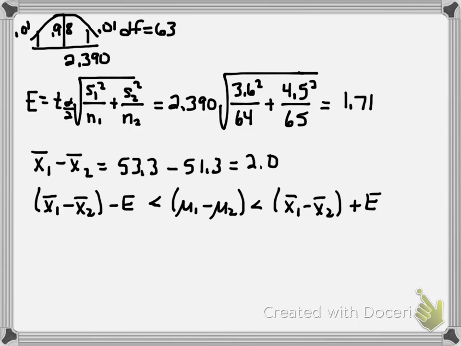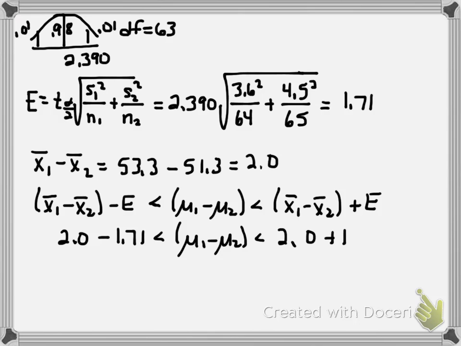The difference in the sample means is 2.0 or 2 minus the error of 1.71. On the right side, we have 2.0 plus 1.71. So do the subtracting, do the adding, and keep in mind that we want to round to 1 decimal place, just like the sample mean.